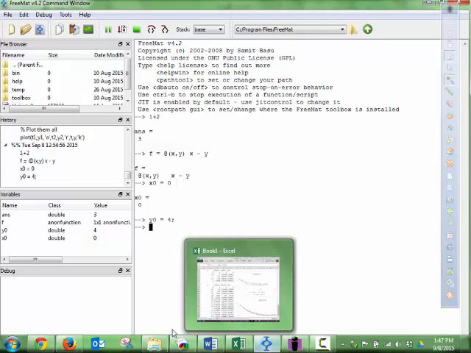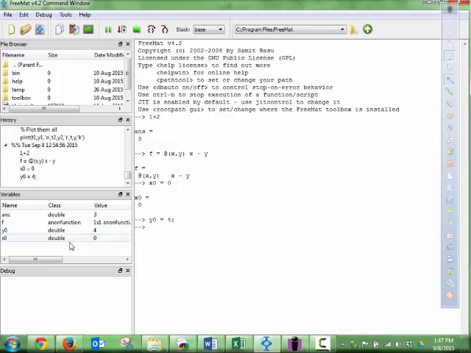Of course, if you have this set up, you can see it on the side anyways. Y naught is equal to 4, x naught is equal to 0, f is an annotated function. All that information about your variables is stored off to the side here. You can take a peek and see what you have.